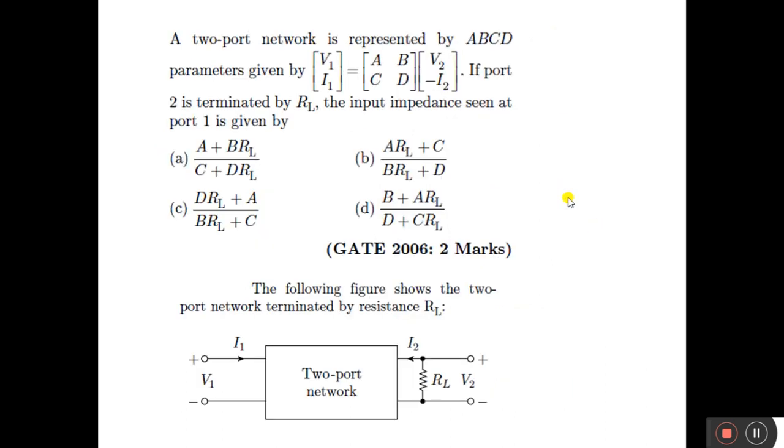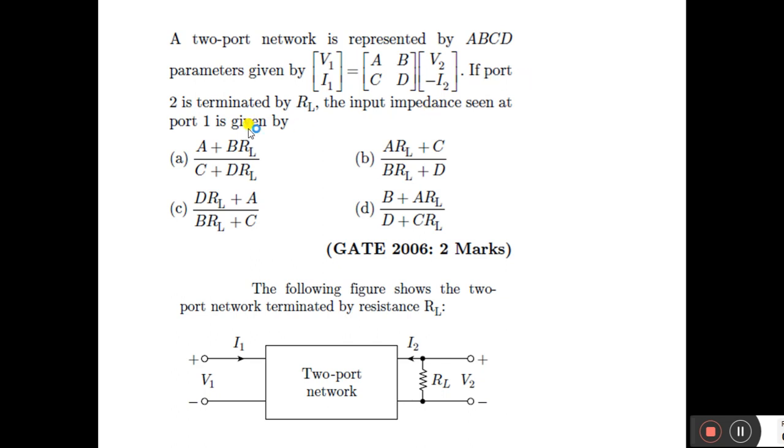Next one: a two port network is represented by ABCD parameters given by V1, I1 equal to ABCD times V2, minus I2. This is the general case of an ABCD network.